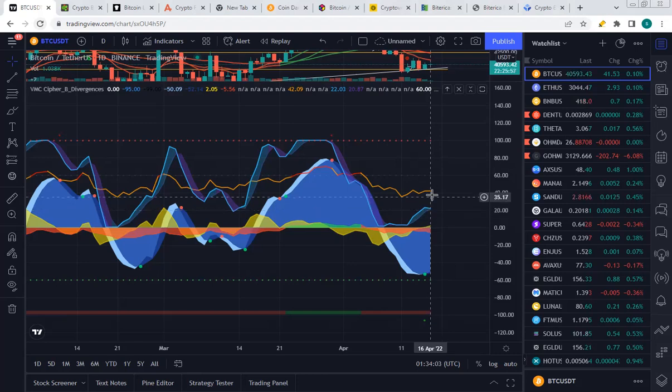Stochastics at 20, RSI is around about 40. So looking at the daily, with all things being fair and equal, this would be indicating a continuation movement to the upside.